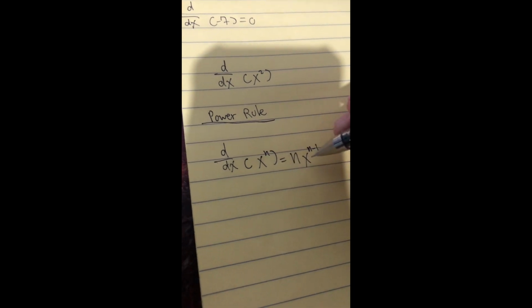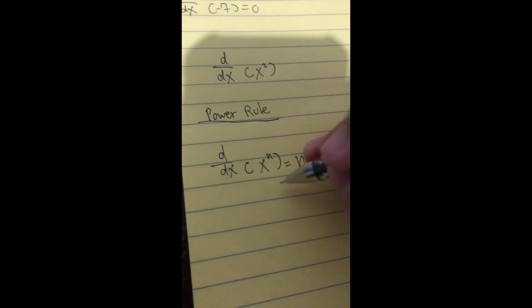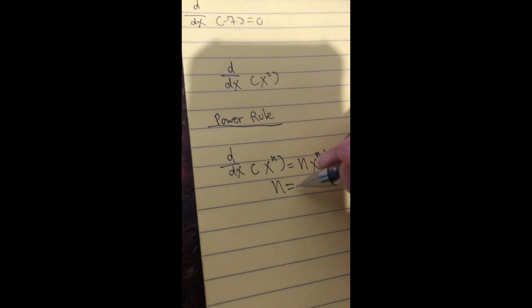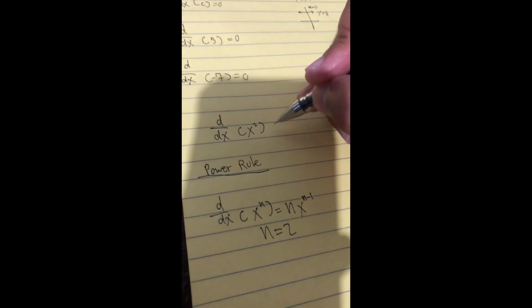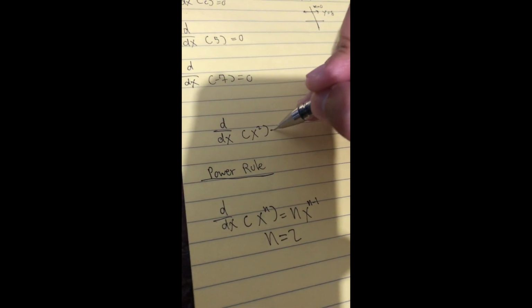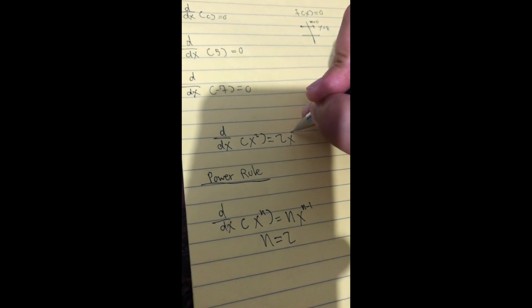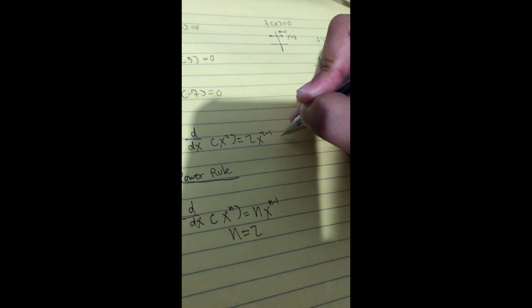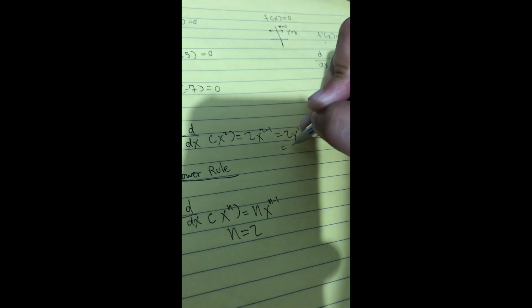Here, the n of this function is 2. So the derivative of x squared is 2x raised to 2 minus 1, which is 2x to the 1. It will become 2x. That is the answer.